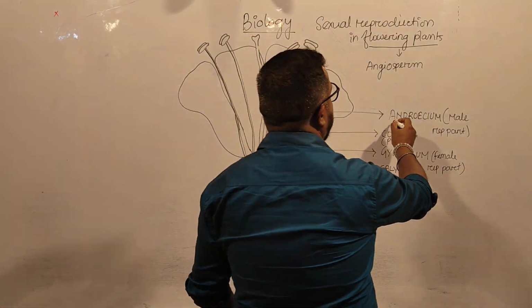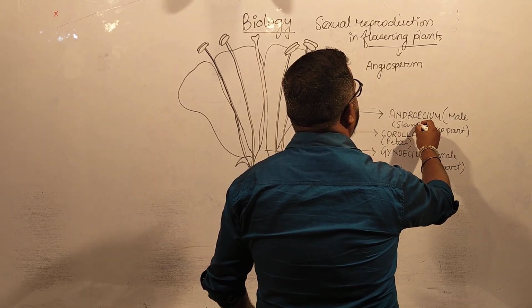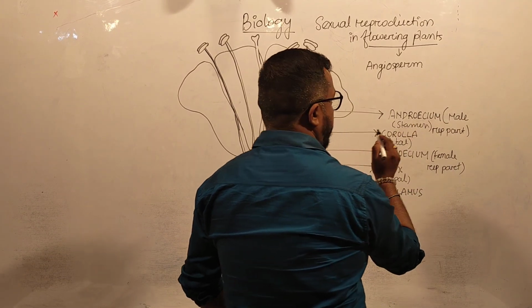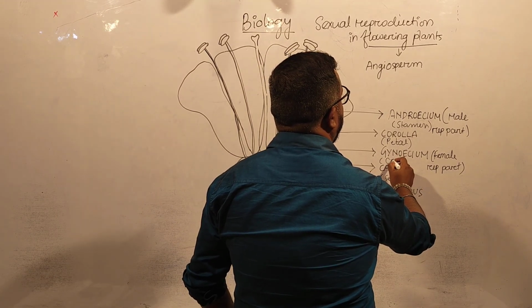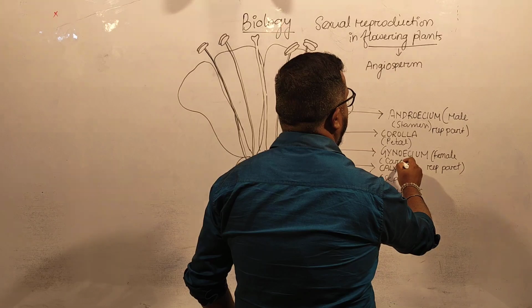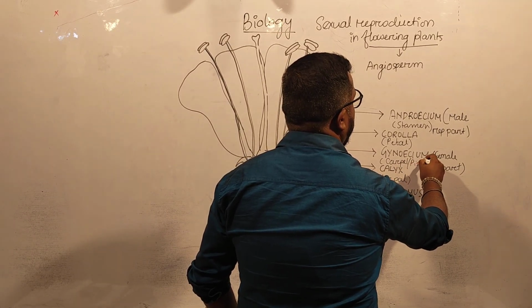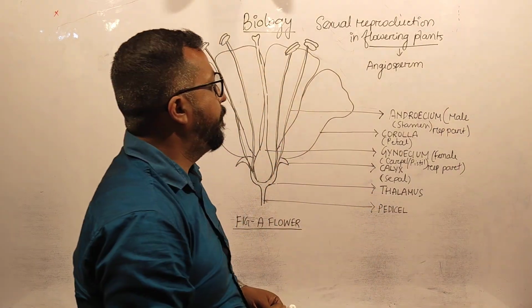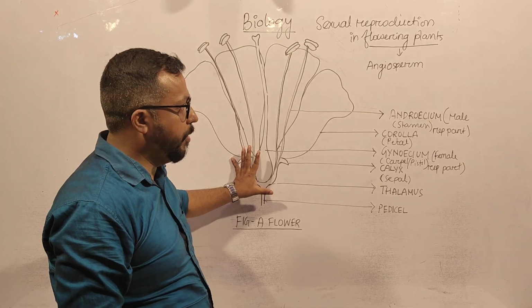Again, androecium is made up of some parts which are called stamen, and gynoecium is made up of parts called carpel or pistil. So this is the structure of a flower.